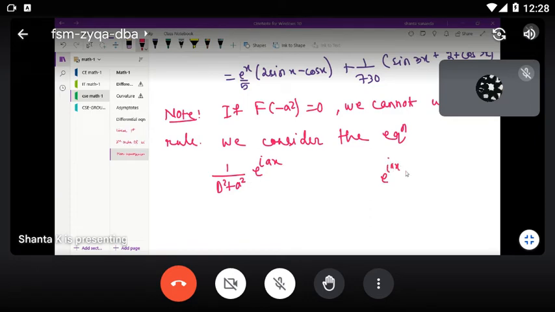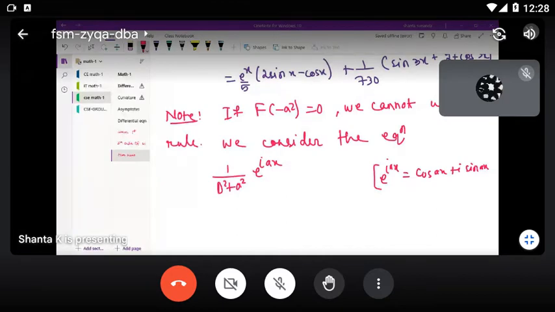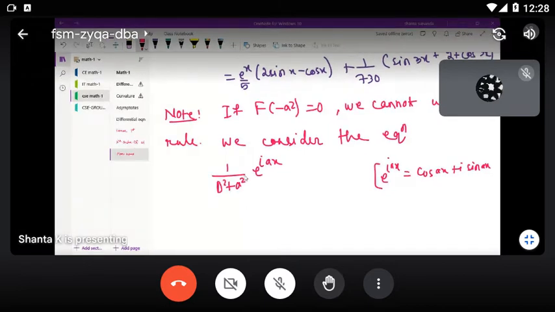So e power i ax is cos ax plus i sin ax. Instead of any cos x or sin x, we use this e power i ax. Now you see what will happen. We solve for the particular integral, and take the real part, because if you open this, it is cos ax plus i sin ax divided by d square plus a square.